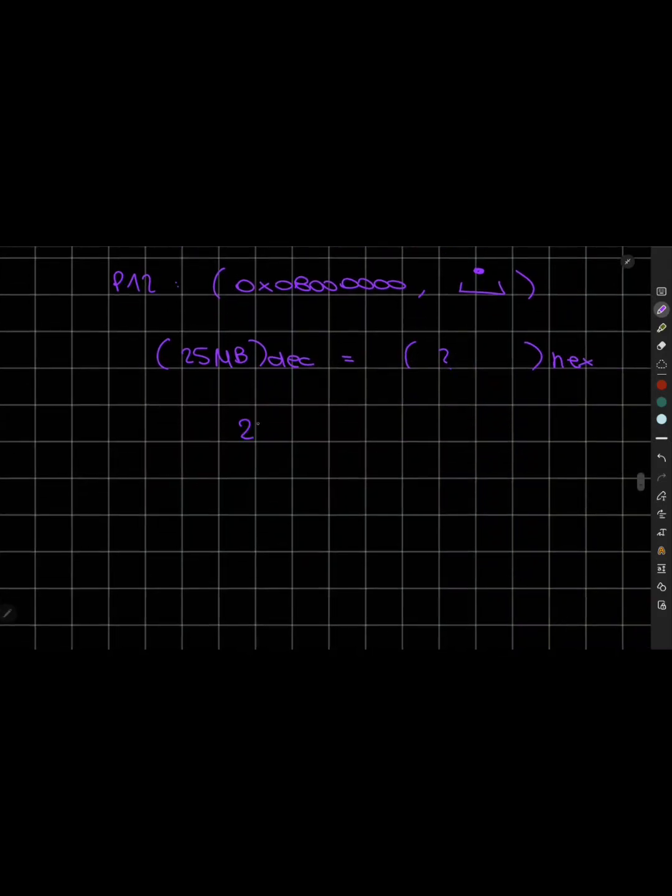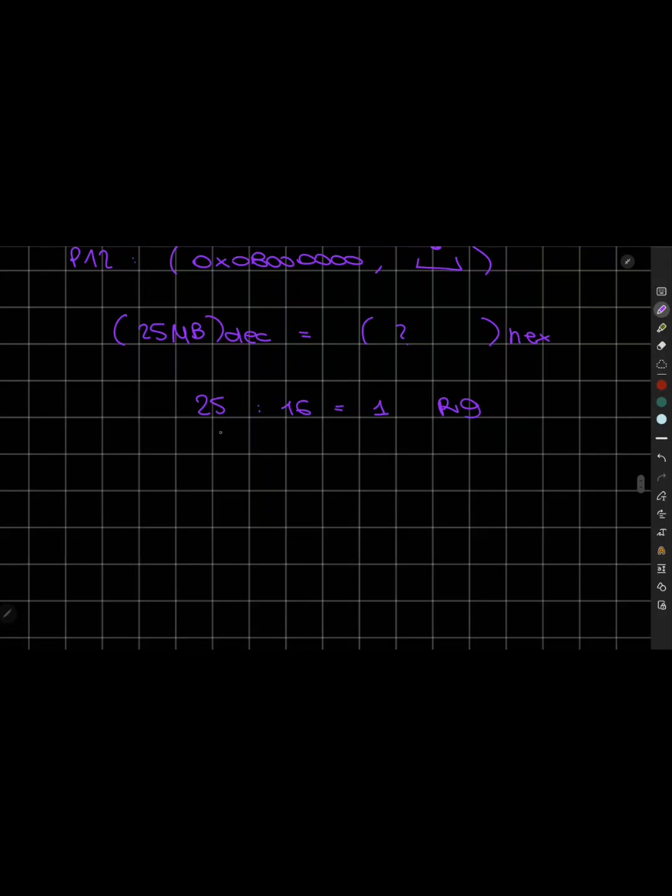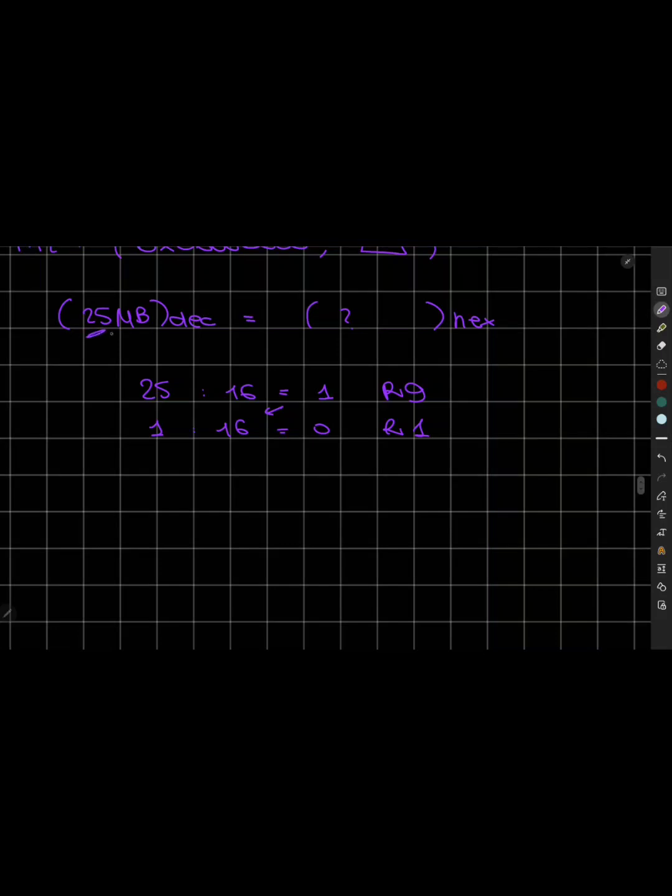So let's convert 25 by dividing by 16, which is 1, with a remainder of 9. And then I'm dividing 1 by 16, which is 0, with a remainder of 1, sorry. And so 25 in decimal is 19 in hexadecimal.